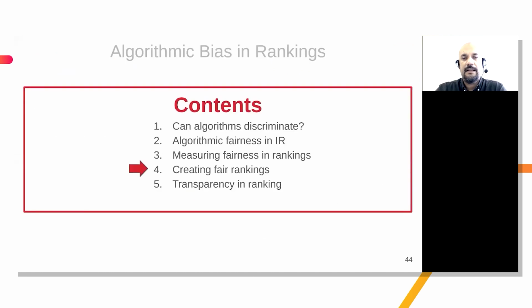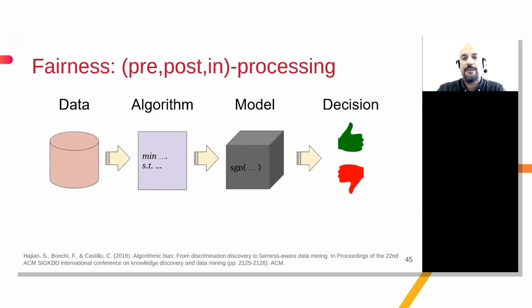Now there are other methods for fair ranking. Now, in general, in algorithmic fairness, one defines different moments, different points of intervention for creating a fair ranking. And these points of interventions are, you can either change the training data if you detect a problem in the ranking.